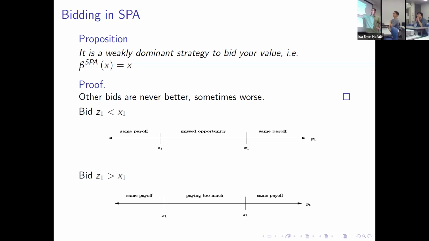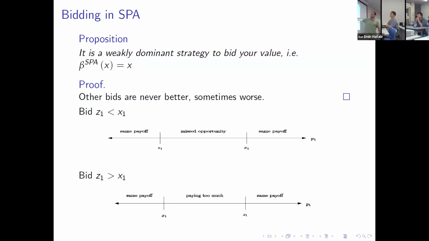If the highest bid among my opponents is between Z1 and X1, then with X1 I win and pay something smaller than my value, so I get a strictly positive payoff. But with Z1 I lose, therefore I get zero. So it's a missed opportunity. And if the highest bid among my opponents is greater than X1, under both cases I lose.